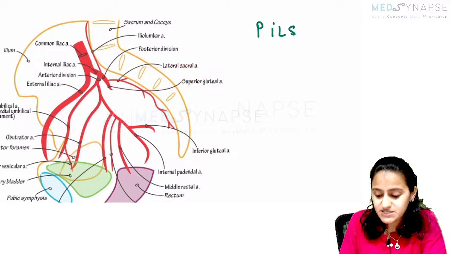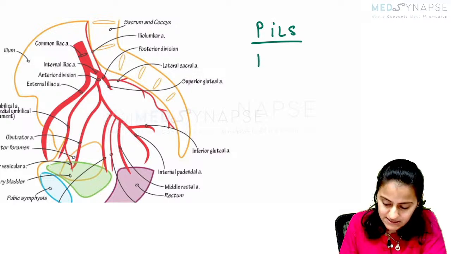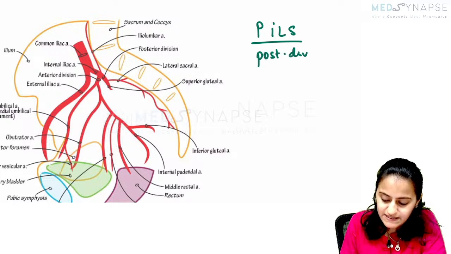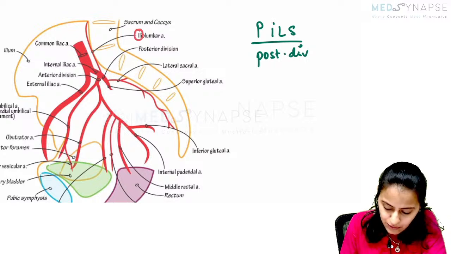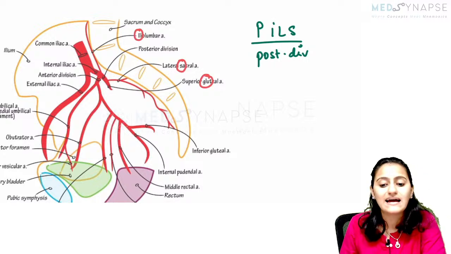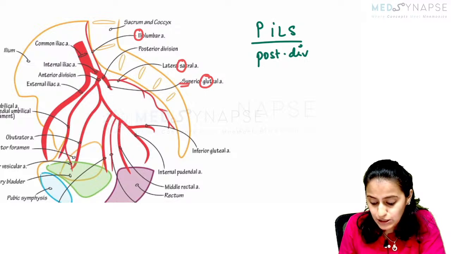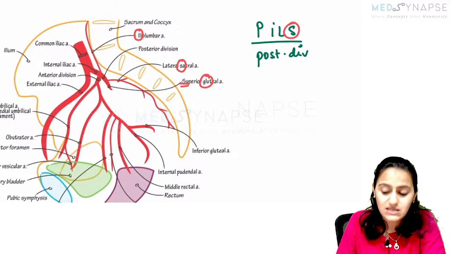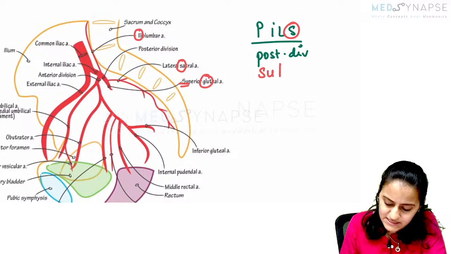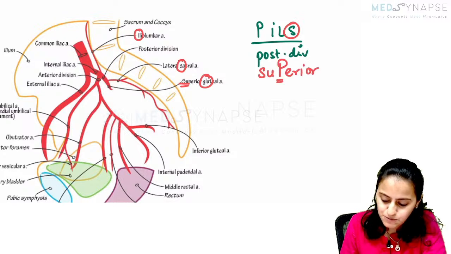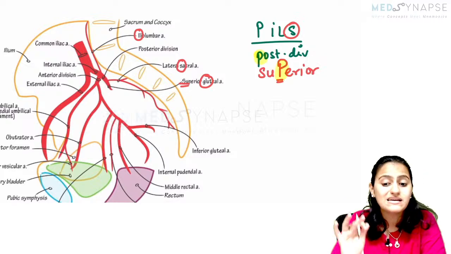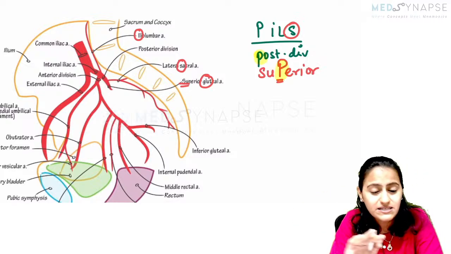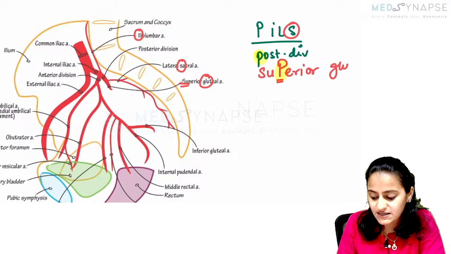For the posterior, remember it is PILS: iliolumbar, lateral sacral and S for superior gluteal. Remember that the posterior division gives the superior gluteal artery, not the inferior gluteal. Superior has P in it, so it is the posterior division.